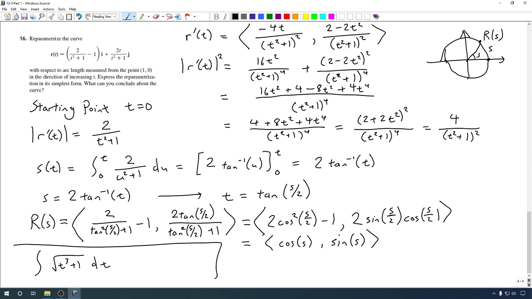In general, they're just too difficult to really find. But we are going to make use of the fact that these do exist. There's nothing in this process that, in a theoretical sense, doesn't ever work. We can always take the integral, we can always solve, as long as we have a one-to-one function here. And so we can always find this arc length parameterization in a theoretical sense, not in a practical sense.